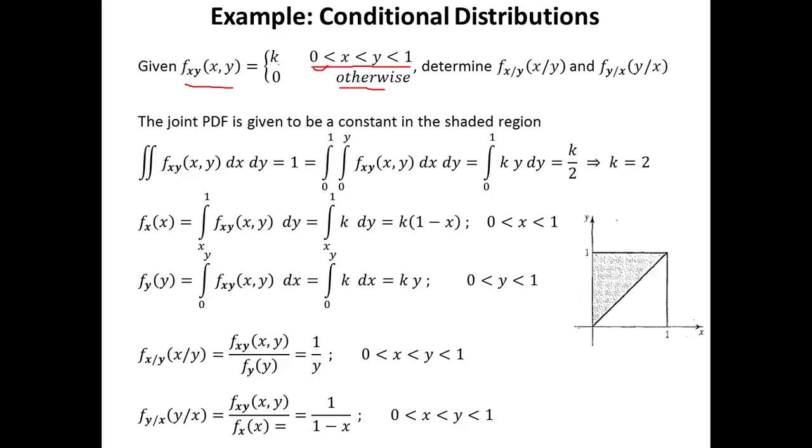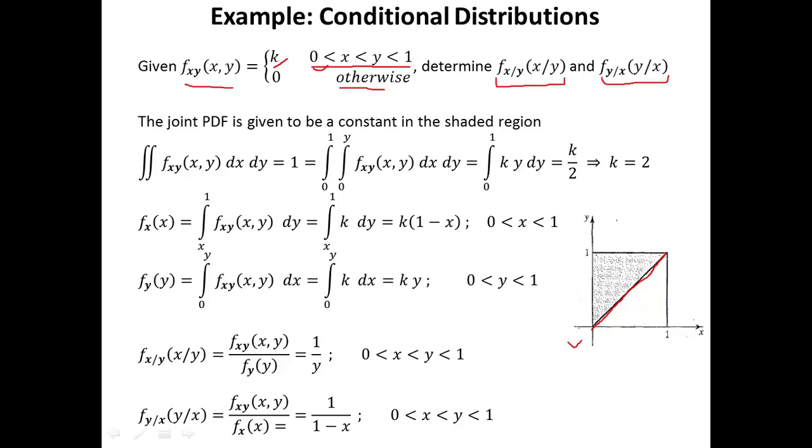And we have been asked to find what the conditional distributions f_X given Y and f_Y given X may be. For this, first we need to determine the value of k. For this, first consider this figure. Here this line will represent y equals x.